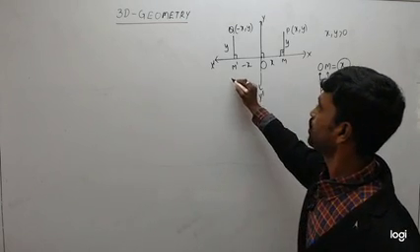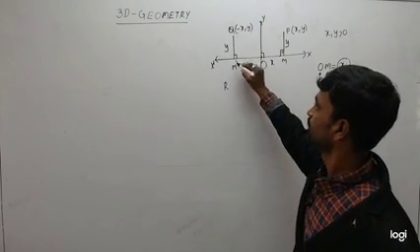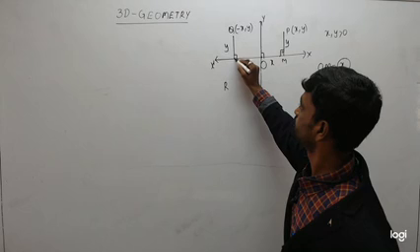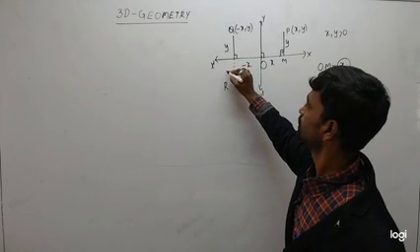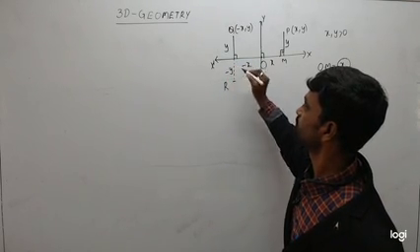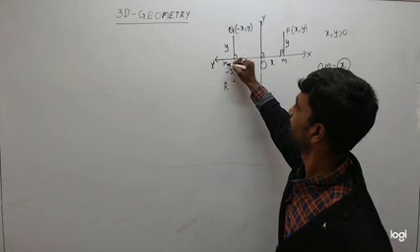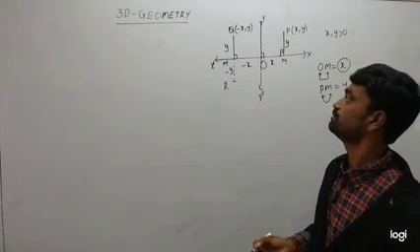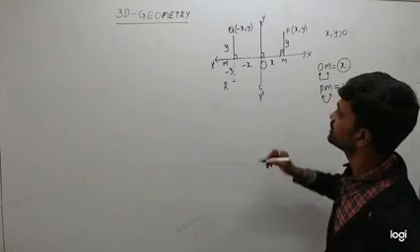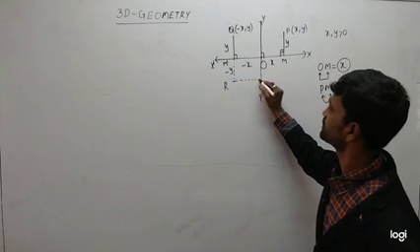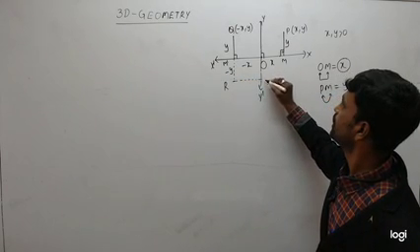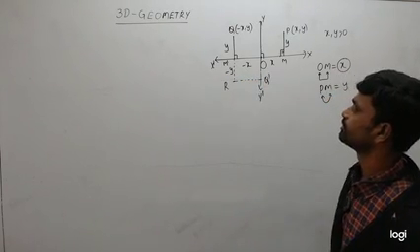Suppose you take a point here, say R, and draw the perpendicular. This distance becomes y, and this RM dash becomes minus y, because this RM dash is the same as this OQ dash.